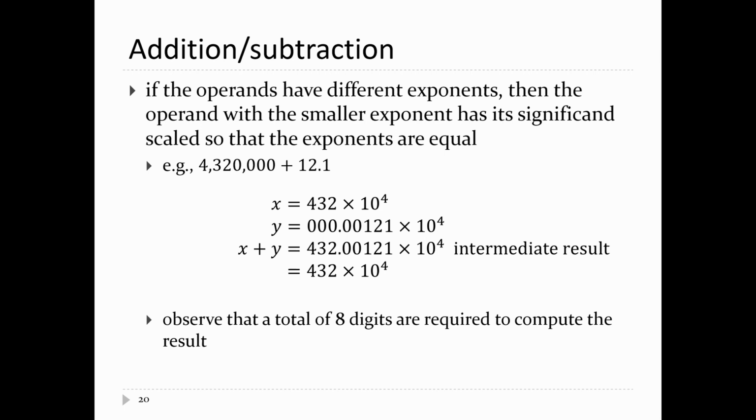The answer is that when you add a small value to a large value, the small value just disappears. In the intermediate sum, you can't represent the magnitude of that small number. It's way past the digits that you can actually hold in your floating point number.